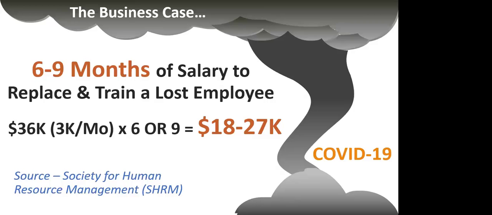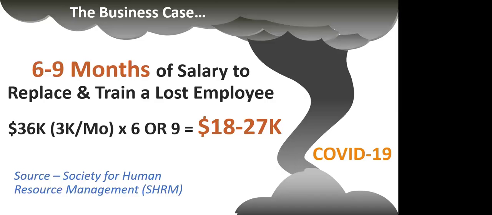So these statistics come from SHRM, the Society for Human Resource Management. And so according to SHRM, it takes about 6 to 9 months of salary to replace and train one lost employee. And depending on which organization you're looking at, sometimes the numbers are a little different, but on average, you can say 6 to 9 months of salary.